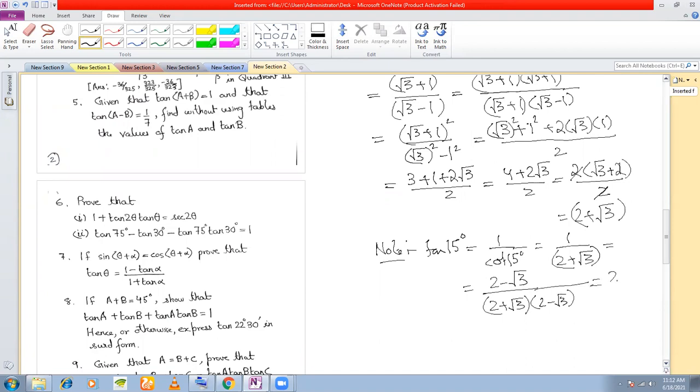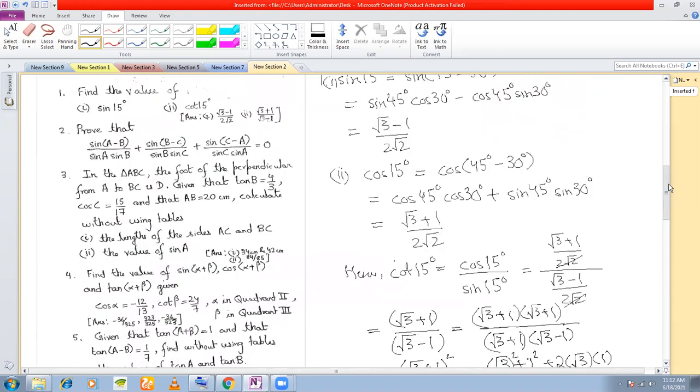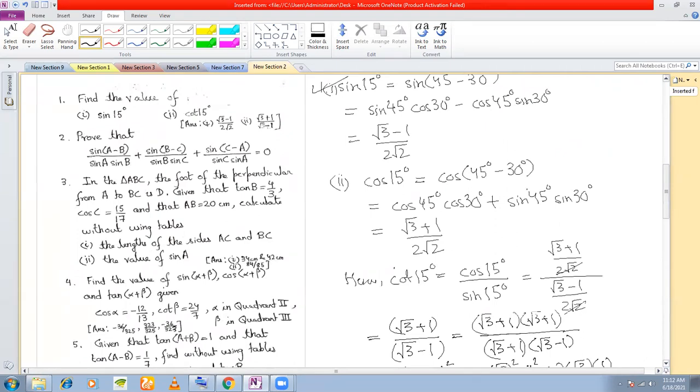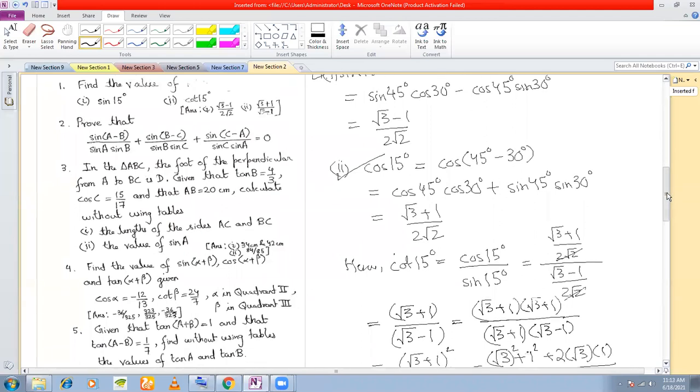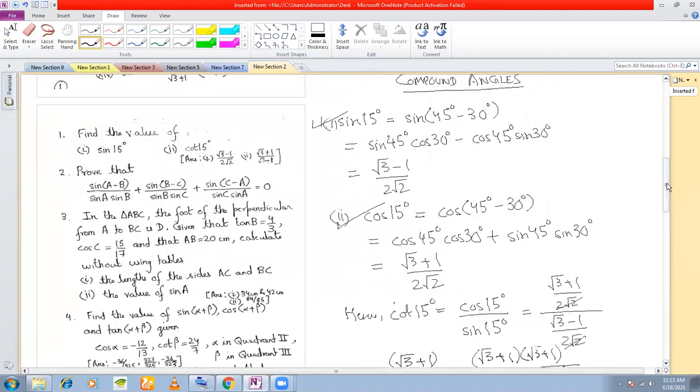You will see that you will simply get 2 minus root 3. Remember this value, tan 15, we'll be using these values later. Okay, tan 15 is 2 minus root 3. Sine 15 is root 3 minus 1 by 2 root 2. Cos 15 is root 3 plus 1 by 2 root 2. Please remember these values by heart. Okay, we'll be using these values. Next question.